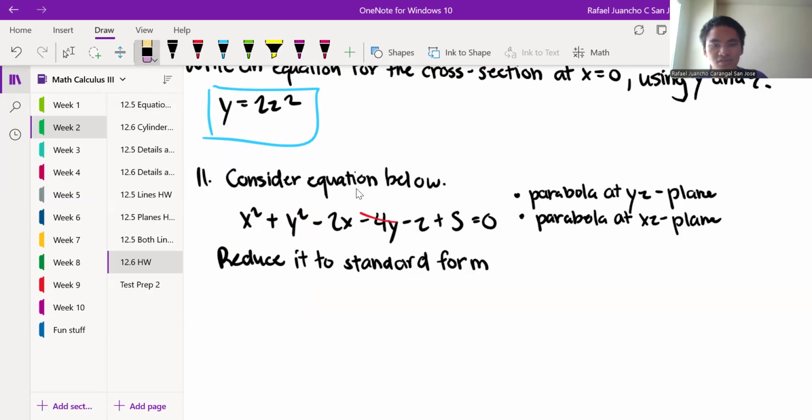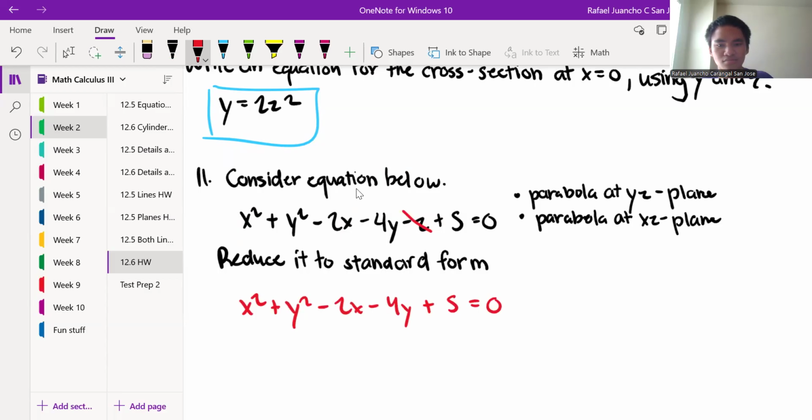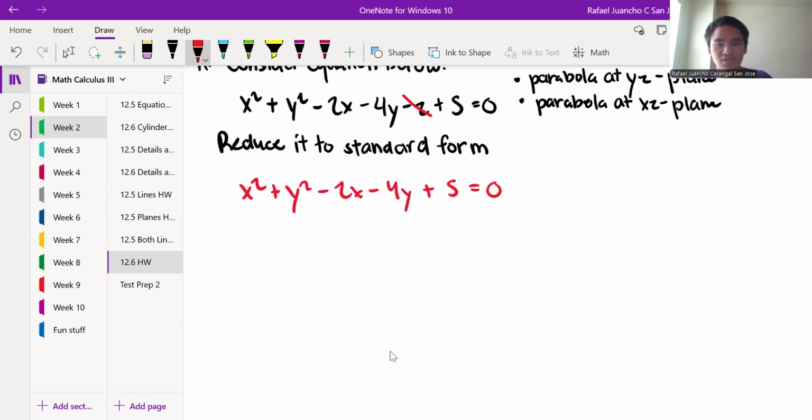And if we take out the Z, it's only one Z. Well, to me, this looks like a circle. So just to be sure, I'm going to write it out. There. That's the whole thing without the z. I can complete the square.